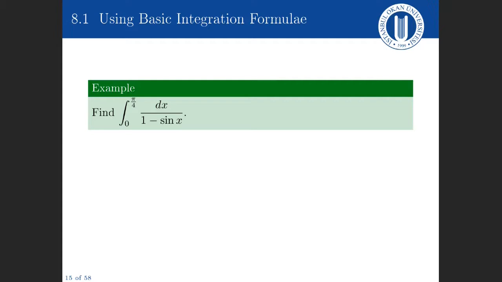Find the integral from 0 to pi over 4 of dx over 1 minus sine x. Now, there's a trick if we have 1 over a number minus a number. And the trick is that we multiply it by (a plus b) divided by (a plus b).